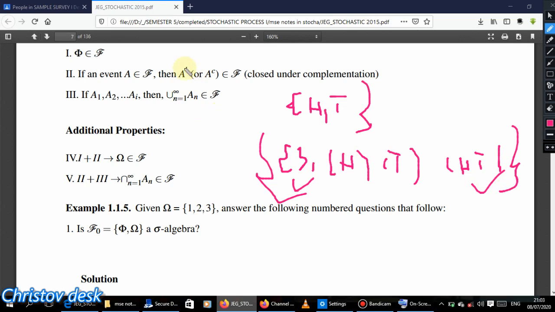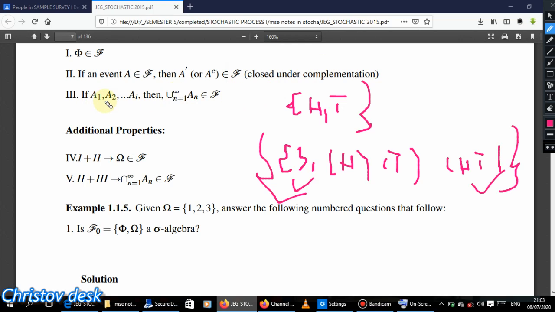And it says that if I pick A in F, its complement should also be in F. If A is H, the complement of H is T, which is inside. If I pick HT, the complement of HT is the empty set, which is also inside. So condition 2 is satisfied.